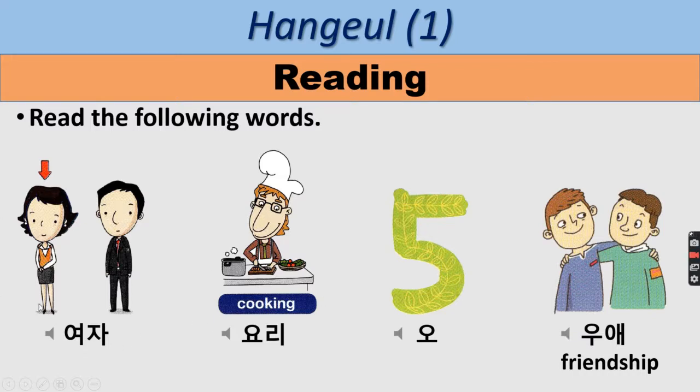Alright, so 여자, it means woman, okay, lady. Yuri means cook or a chef. O is 5, it's in a Korean number system. And this one, 우에, ue, is friendship, okay?